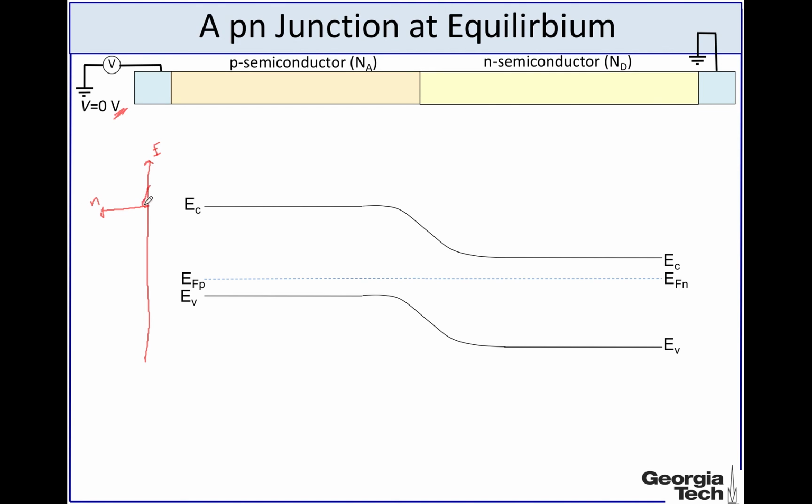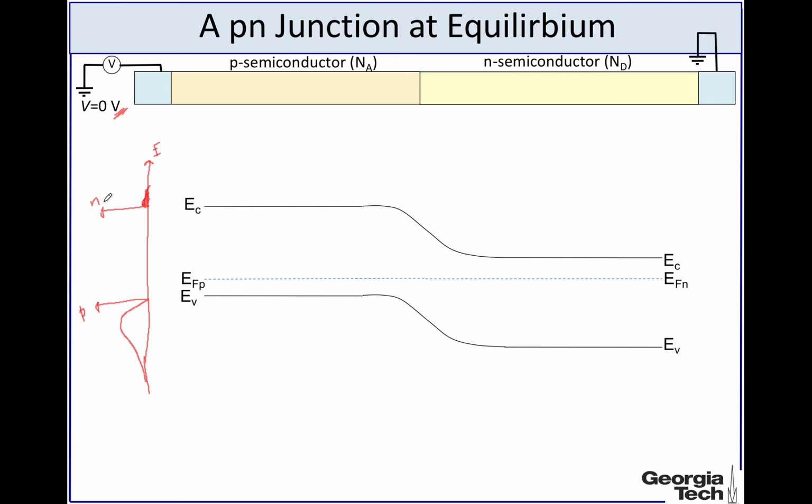What this curve shows is the density of electrons per unit energy per unit volume. Now this is the p-type semiconductor, so the number of holes per unit energy per unit volume will look like this. This is much larger than what we have here.